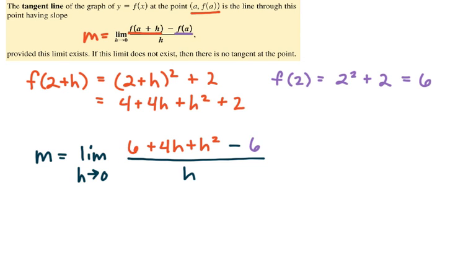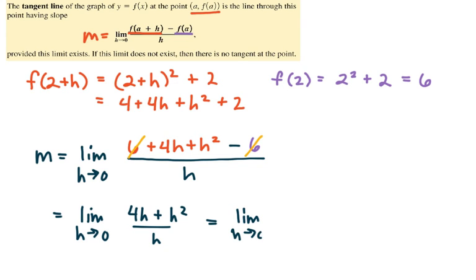Now we've mentioned this before, 6 minus 6, those should always reduce. Whatever we have here should always nicely, completely cancel out with something in the first half. So here I have the limit as h approaches 0 of 4h plus h squared divided by h. You notice both terms in the numerator have an h in them. So that's h times 4 plus h over h.